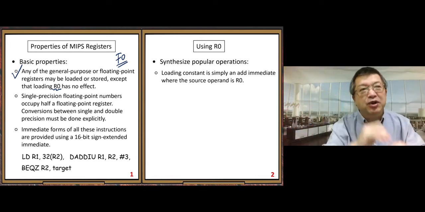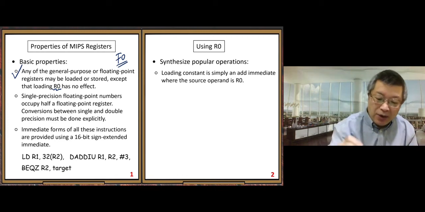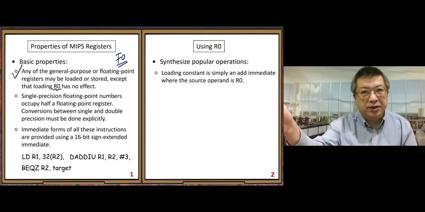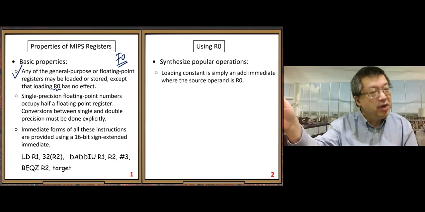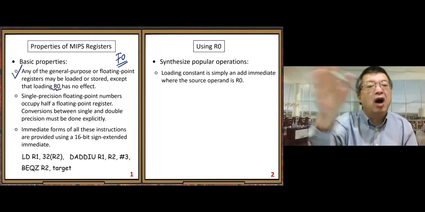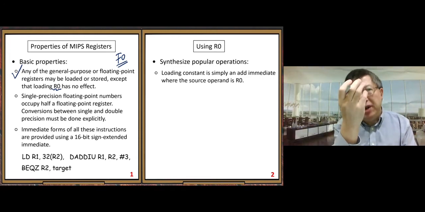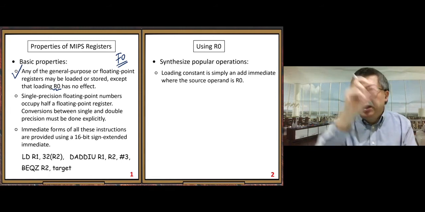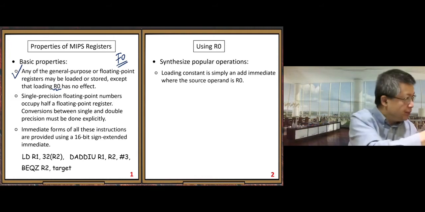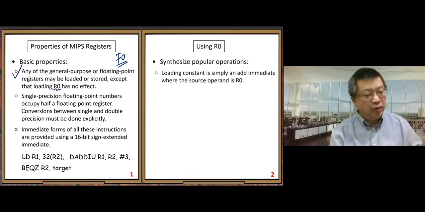This kind of special operation, we can use R0 to do it. Loading constant is simply an add immediate field value where the source operand is R0. So we can use this R0 source operand to copy a constant value into a register. So that's what we want to do.